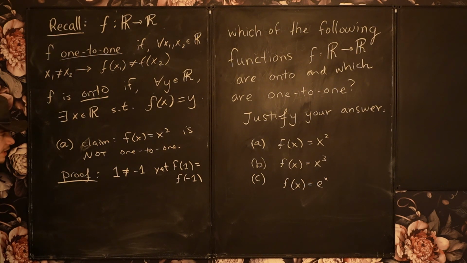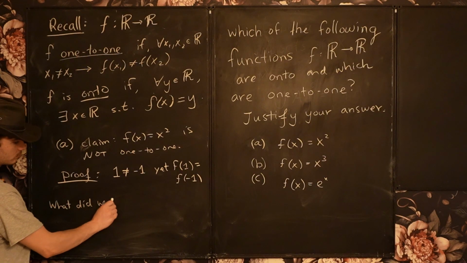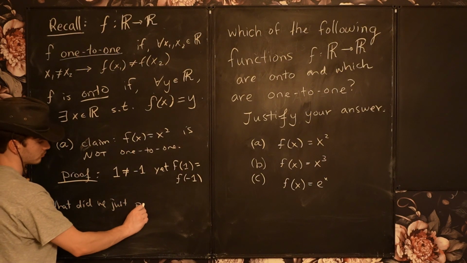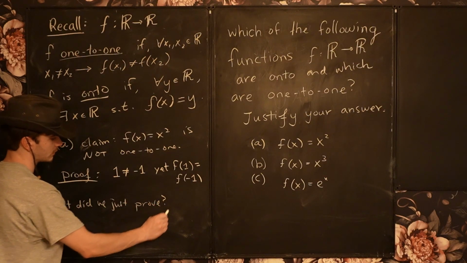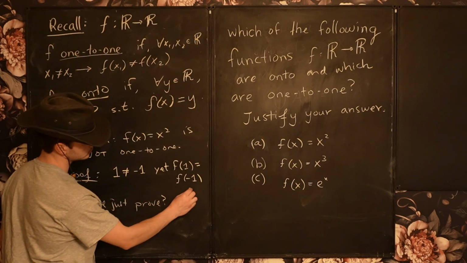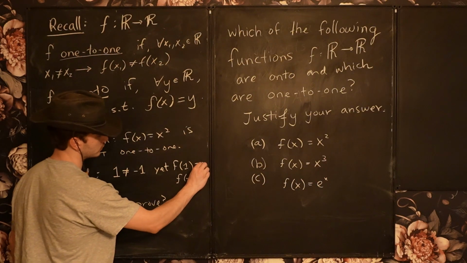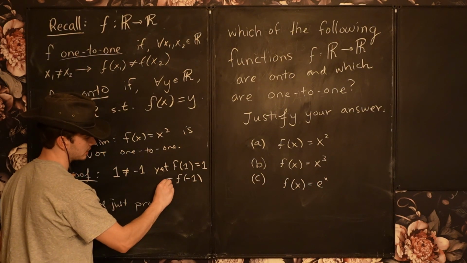So f of 1 is equal to 1, which is equal to f of negative 1. But the logical statement, what have we just proven?